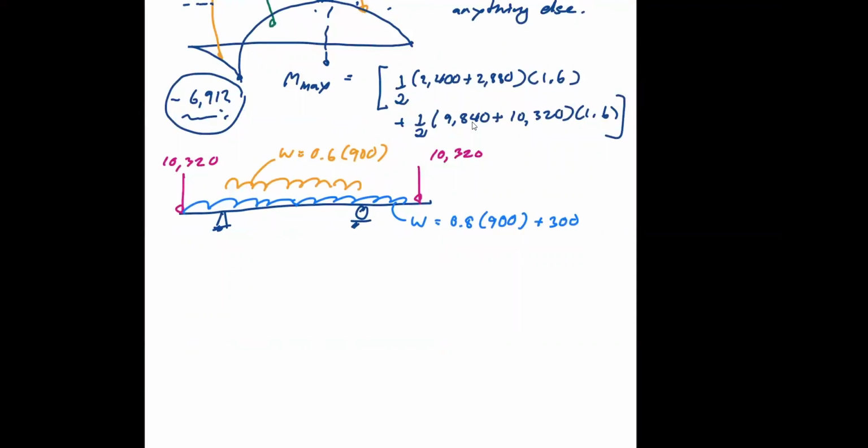Okay. So I'm not going to show you how to calculate the reaction anymore. It's just more of the same. Let's say this reaction is equal to 15912. Now, because of the symmetric nature of the beam, we can simply draw our shear force diagram right away. That is downward. Okay.